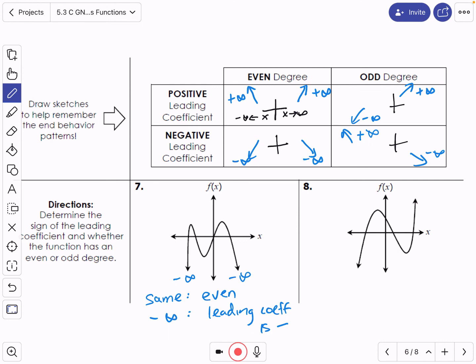All right, this one, as x goes to negative infinity, the function goes to negative infinity. And over here, with x going to positive, the function goes to positive. So therefore I know that it's odd. And I know the leading coefficient is positive because they match. X and f of x are both going to positive infinity.